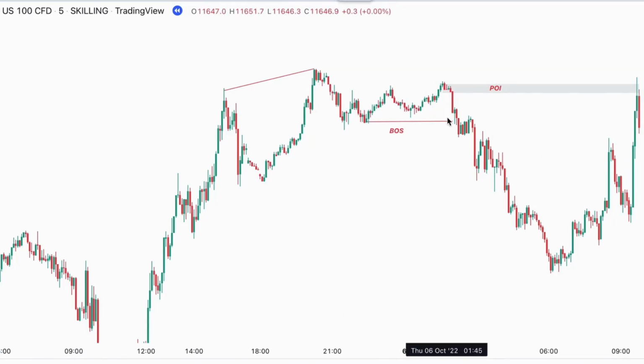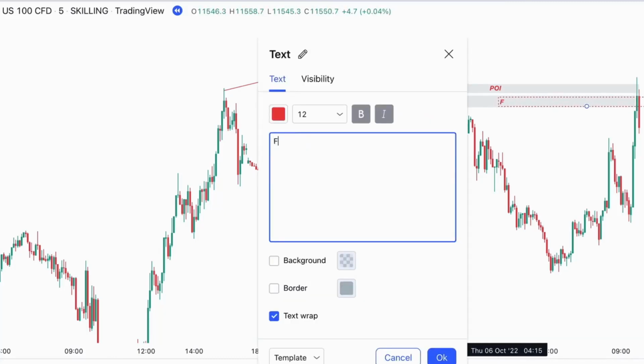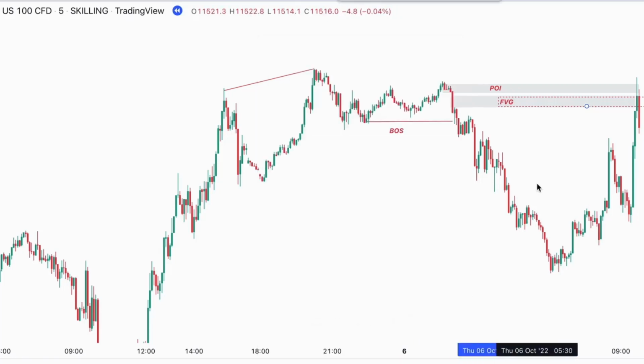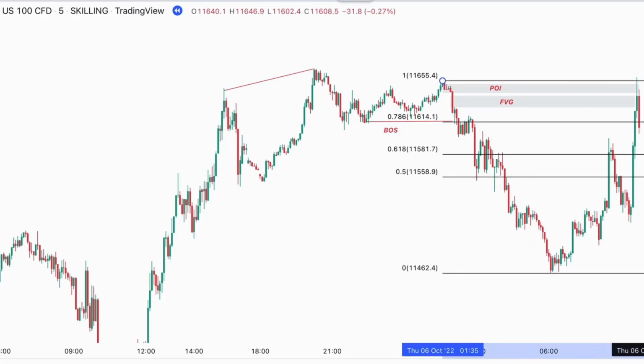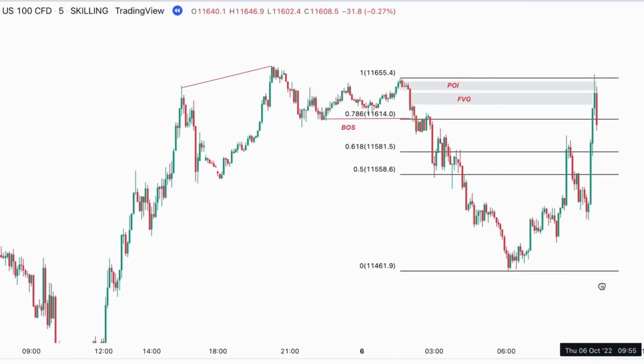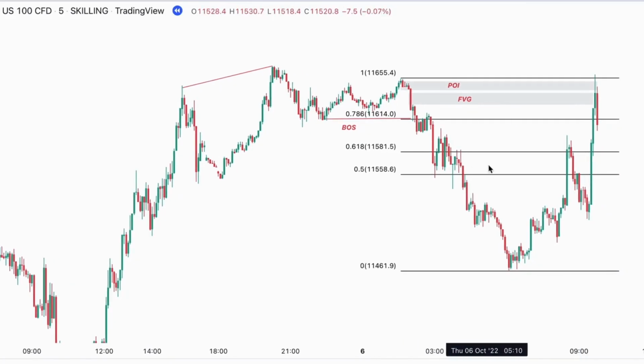We have these fair value gaps as well below the order block. So if we take the Fibonacci retracement tool from the swing high to the swing low, we would find that the price came back to the premium level before continuing lower.